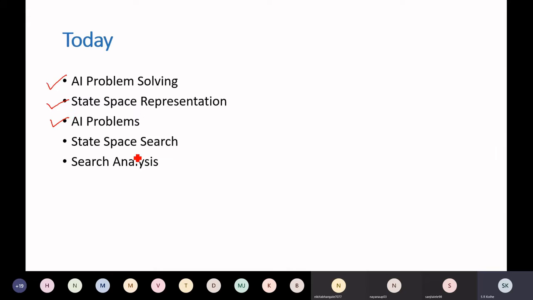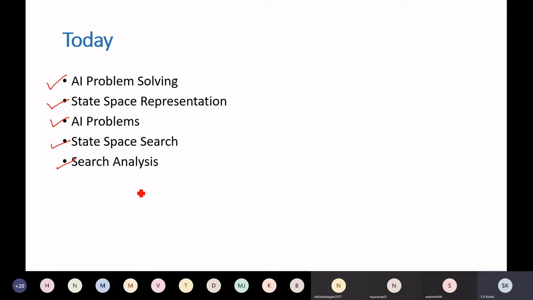Then we will use state space search, one of the AI techniques, on the state space representation to find the solution of the problem. And then we will discuss search analysis, how different search techniques are analyzed along with several parameters. So this is the agenda of today's presentation.